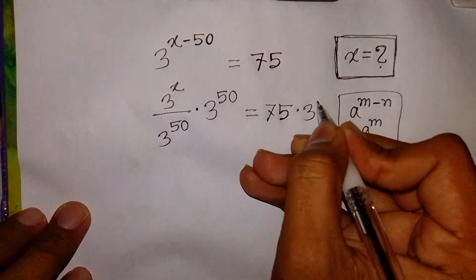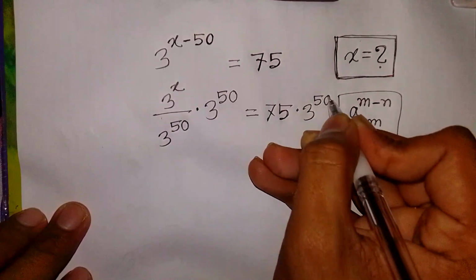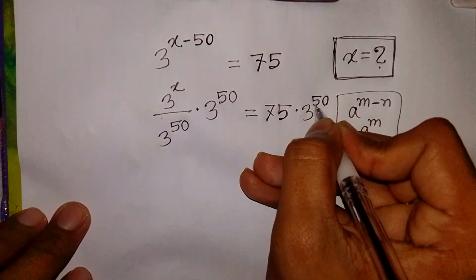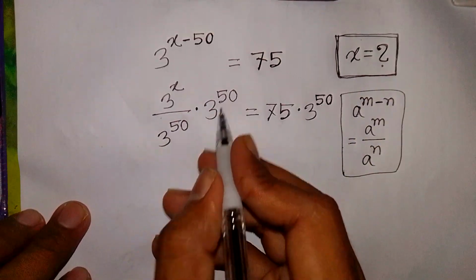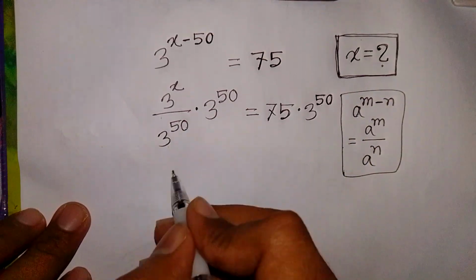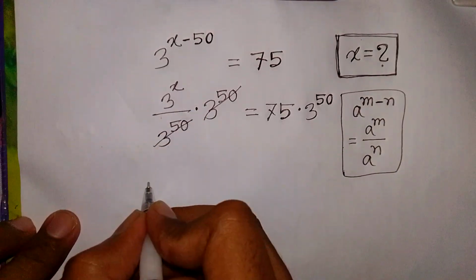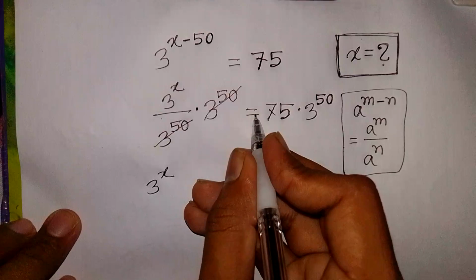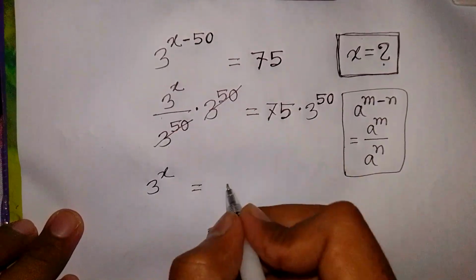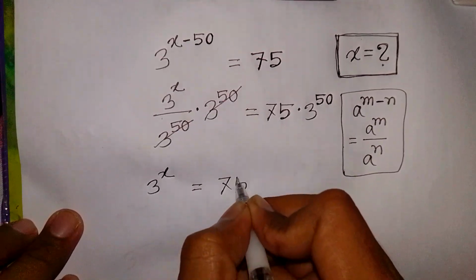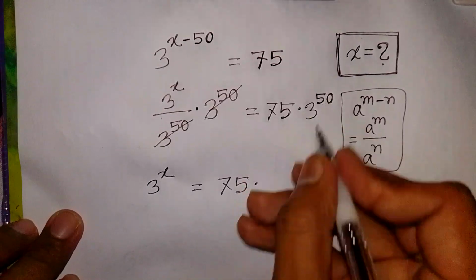Now we see this 3 power 50 will be cancelled. So we have 3 power x will be equal to 75 times 3 power 50.